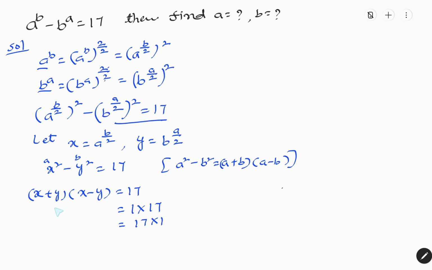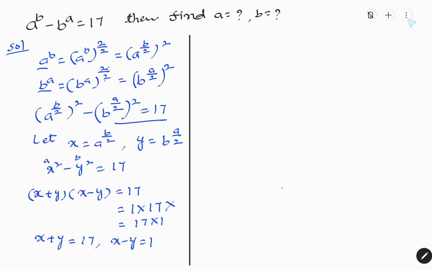If we add x plus y, we get a bigger number. In this condition, x plus y equal to 1 is not possible. So we need to take x plus y as 17 and x minus y as 1. So write x plus y is equal to 17, x minus y is equal to 1.